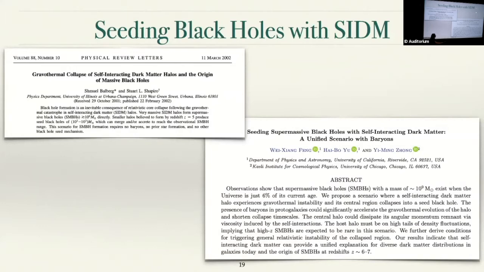So these are those really big ones that we have a hard time growing from other seeding mechanisms, and just having Eddington accretion. Yes, sorry, Eddington accretion. And so this is an interesting avenue that people are exploring, although it's pretty complicated to get this to work.